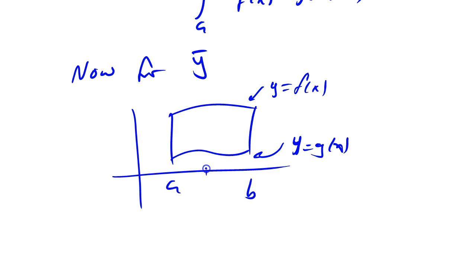I'm still, for each value of x, looking at one of these rectangles. But now instead of thinking of that rectangle as sitting on the x-axis, I've got to think of it as sitting on the y-axis, because I'm going to be measuring distances away from the x-axis. I'm thinking of my fulcrum sitting here now, and trying to tip back and forth this way. So all of this weight is sitting on the y-axis.